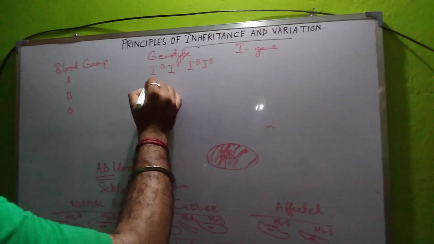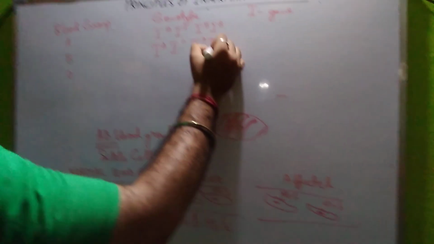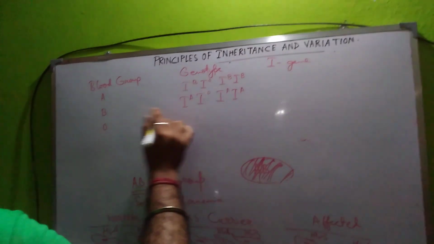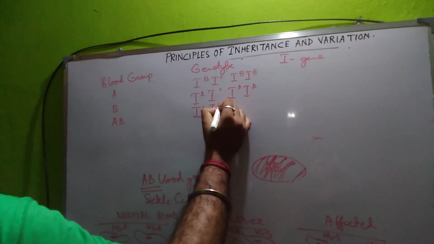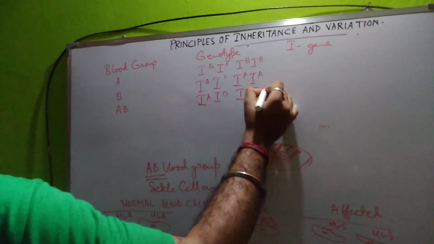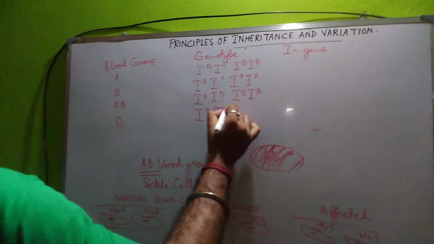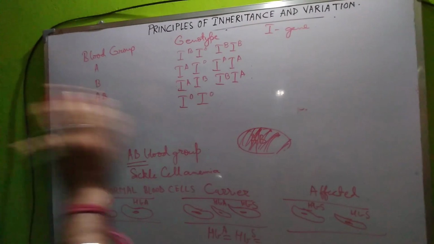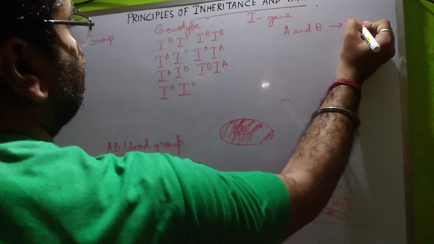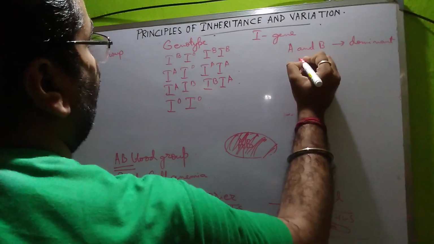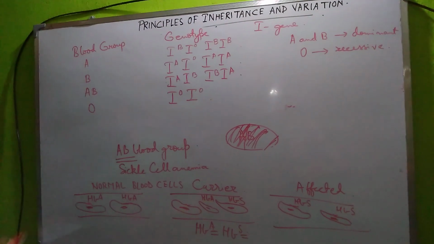Or when the blood group is IA IO, and in the AB blood group the combination is IAIB. And in the last one, where there is no antigen, in the I gene there is no A or B antigen present. A and B are dominant ones, and O is the recessive one. This is what is being stated here.